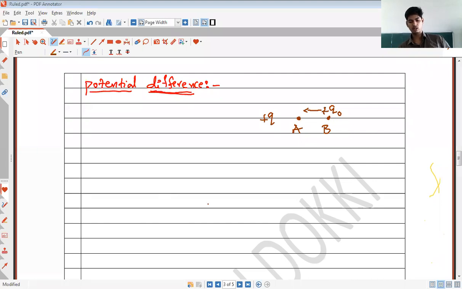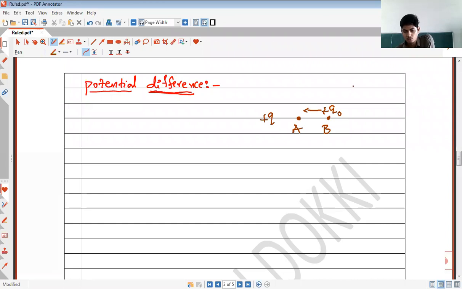Can you tell me against what I have to do work in moving the test charge from point B to point A? Very good. Against the electric field, or you can also say against the electric force, isn't it?